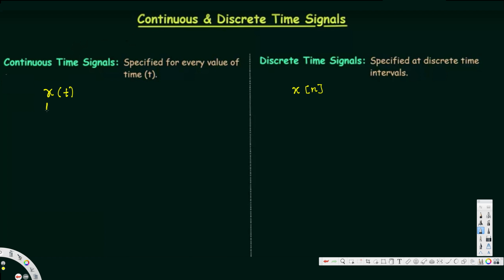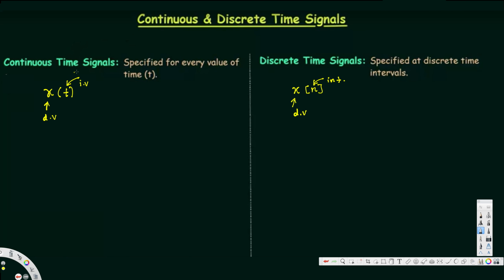Here x is the dependent variable and t is the independent variable, and here x is the dependent variable but n is an integer.